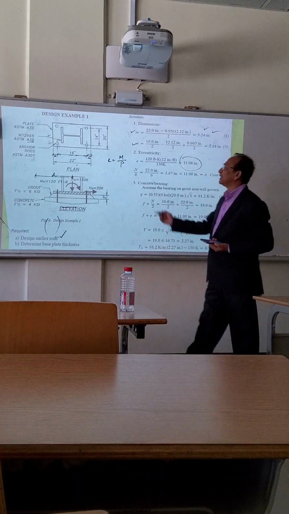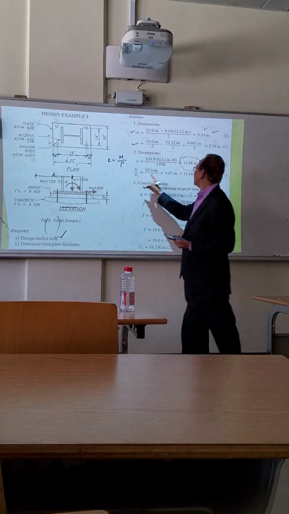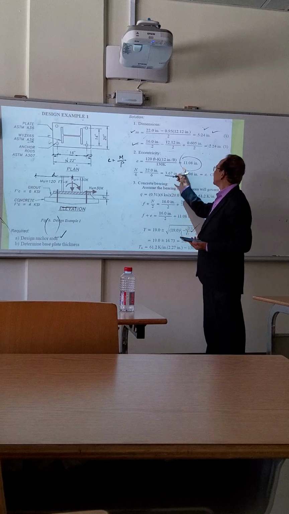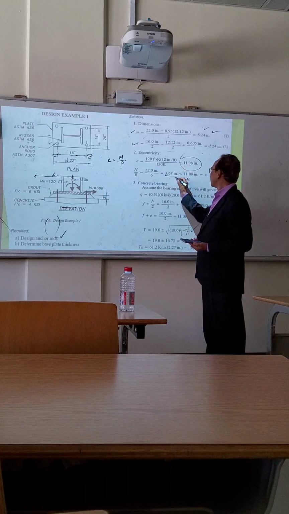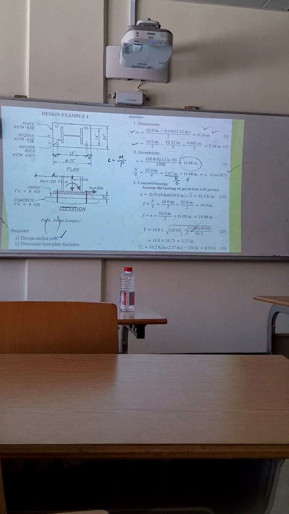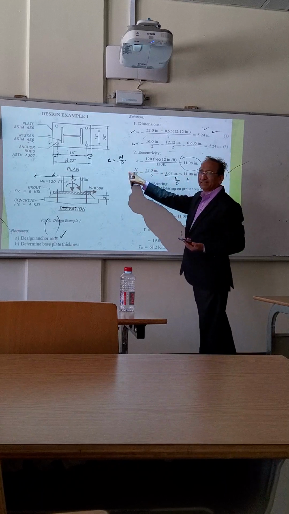Then we find how much is N by 6. This is your N. So N by 6 will be 3.6. So this N by 6 is less than the eccentricity. That means case number D. Because eccentricity is more than N by 6.